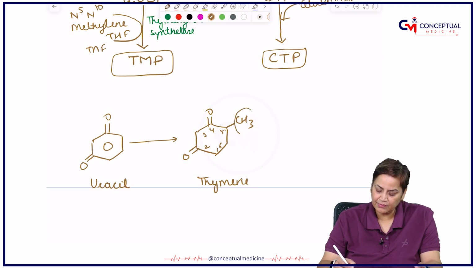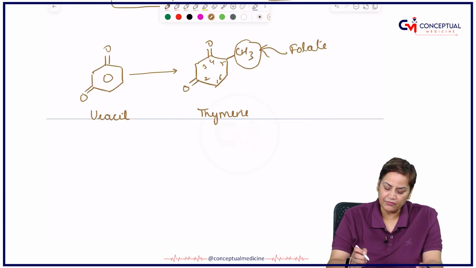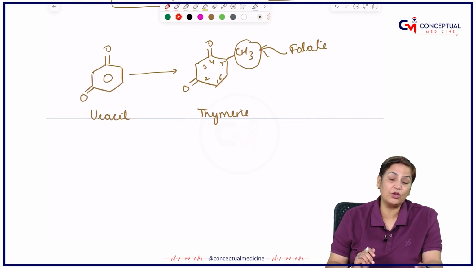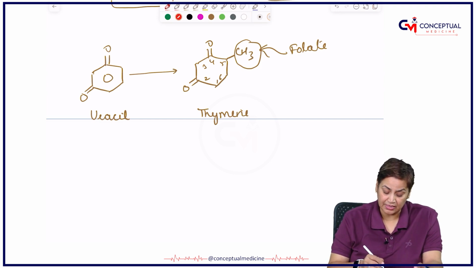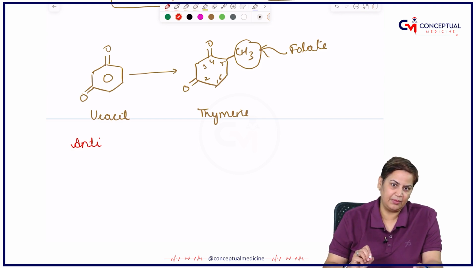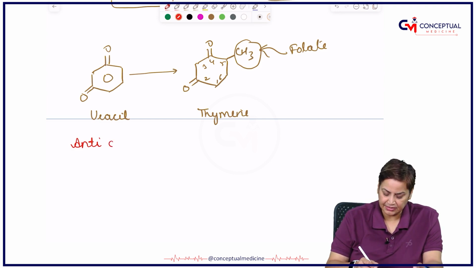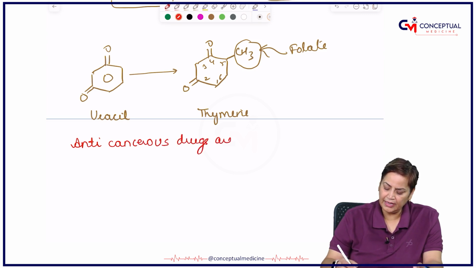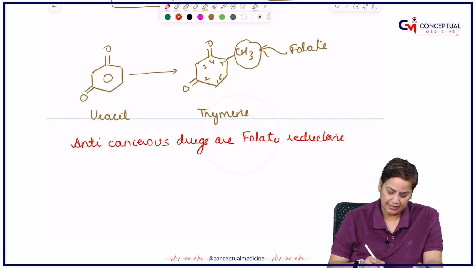And where is this methyl group coming from? It is coming from folic acid. And this is the main feature of this, that the majority of the anti-cancerous drugs are folate inhibitors or folate reductase inhibitors.